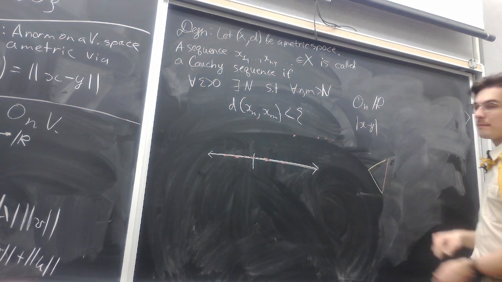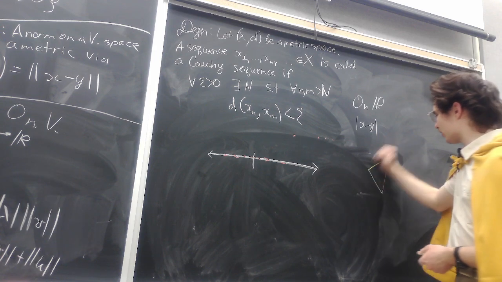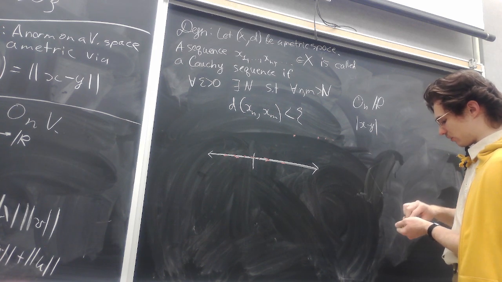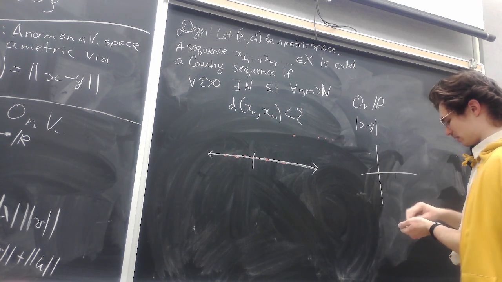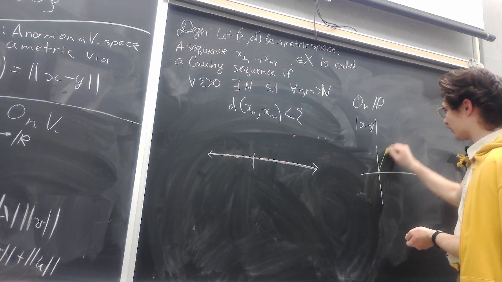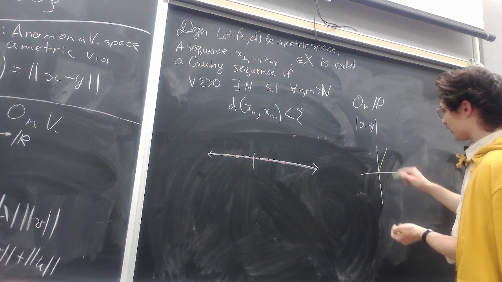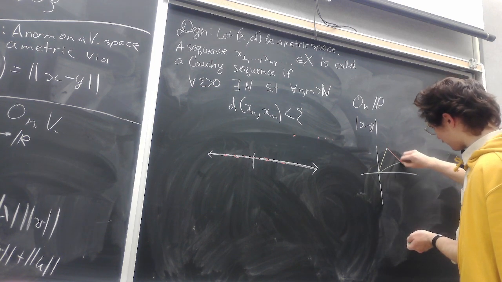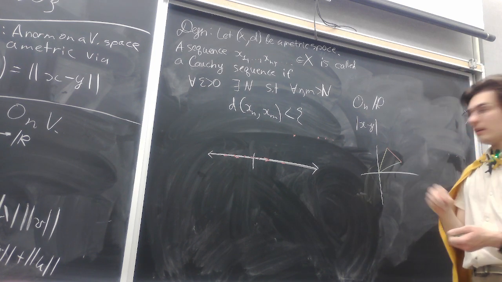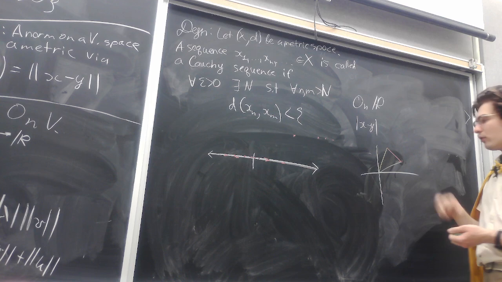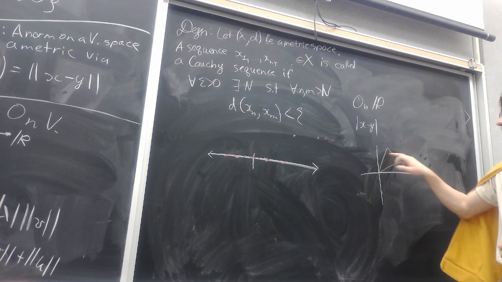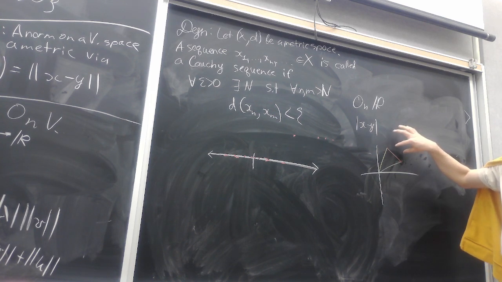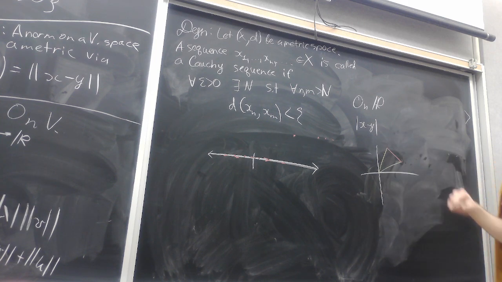Actually, I should redraw this. I have a vector here, and a vector here, and then the difference is this vector here. Do you agree? So if you draw this picture, the distance between these two vectors is, intuitively, the difference between the 2 vectors.